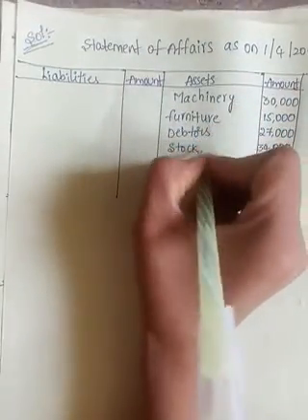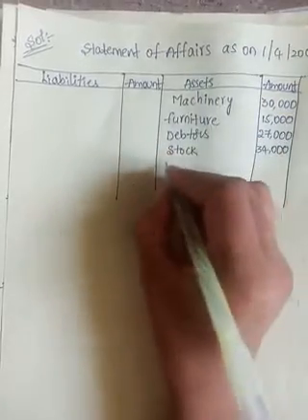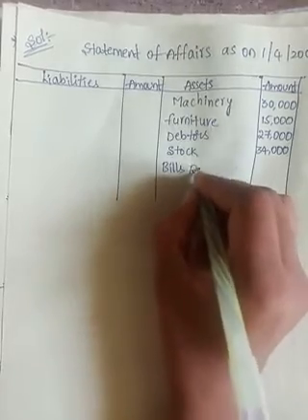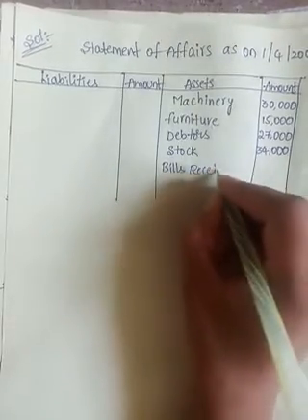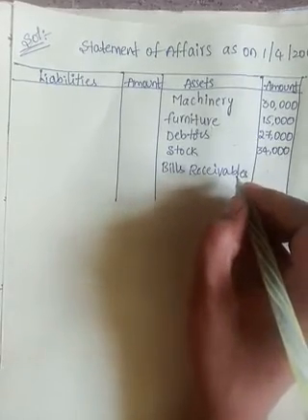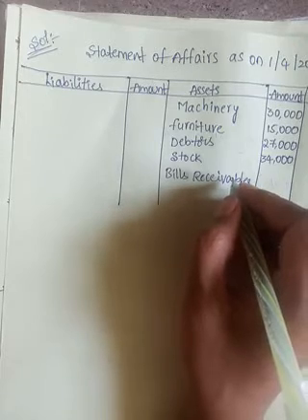Stock value is 34,000. Next is bills receivable. Bills receivable is a current asset. Bills receivable amount is rupees 17,000.